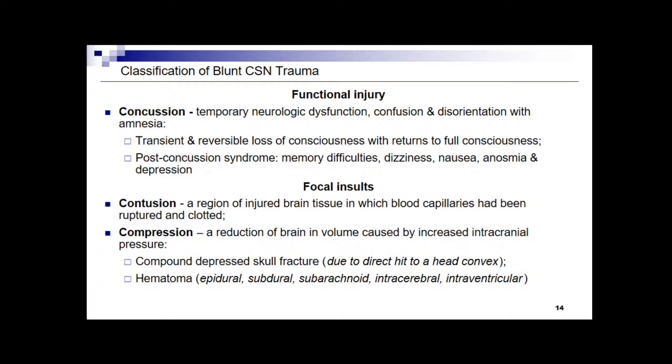Intracranial hematoma can be epidural, subdural, subarachnoid, intracerebral, or intraventricular, or brain swelling and brain edema. Due to these mechanisms, the volume of the brain tissue increases and brain circulation worsens due to high intracranial pressure.